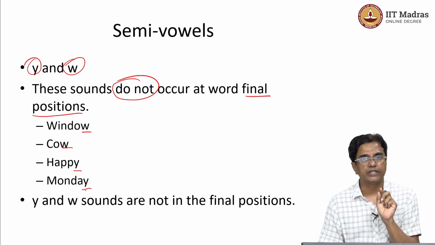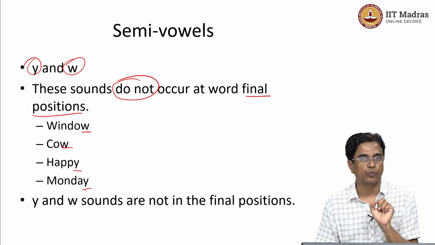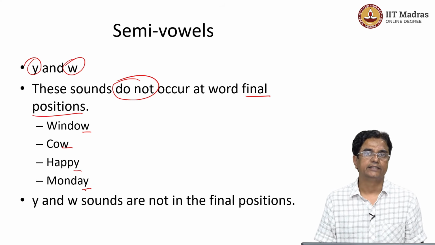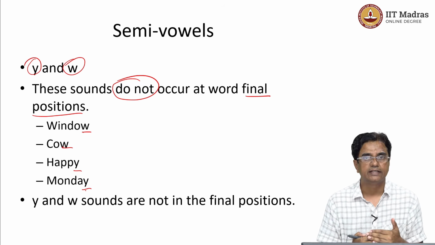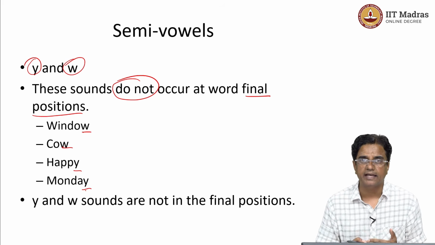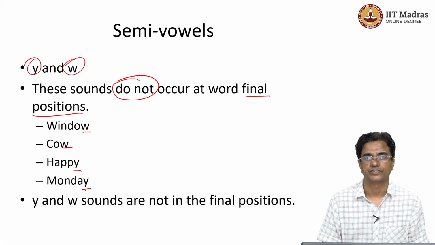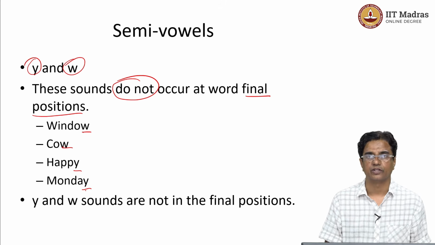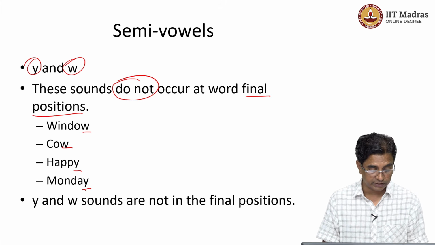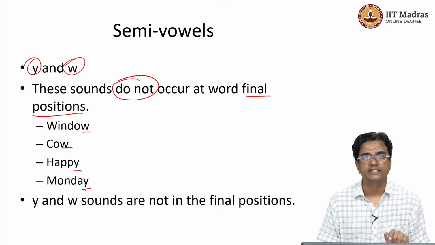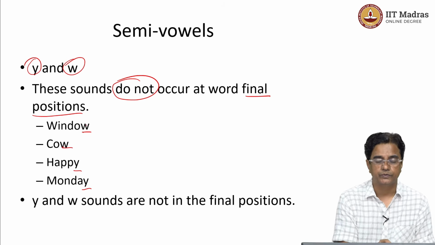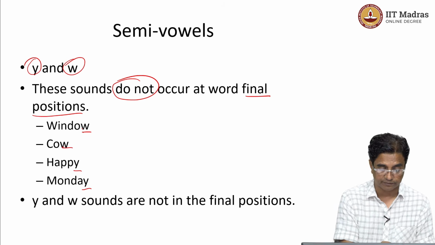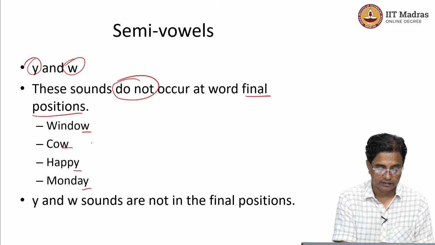There are many words ending with Y. The question is not whether they end with W or Y in their spelling. If you have understood, you do not need further explanation that we are not talking about the spelling of a word, we are talking about sounds. And in these words also, there is no semi-vowel sound at the end. In the word window, you have a diphthong. In cow, you have a and u.